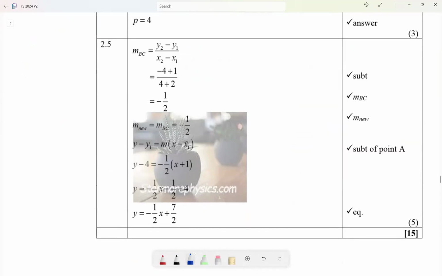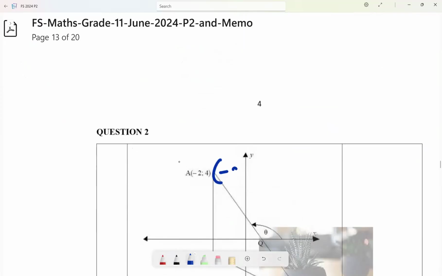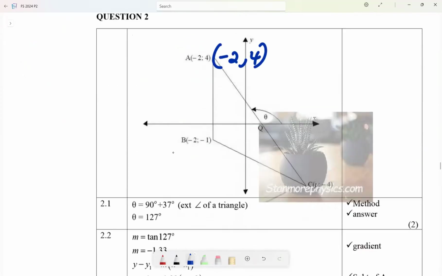Here, remember, they are substituting a point. Which point? -4. And we are talking about BC. Remember 2.5 said find the gradient of BC. But substitute the point of A. The point of A has the coordinate -2 and 4.